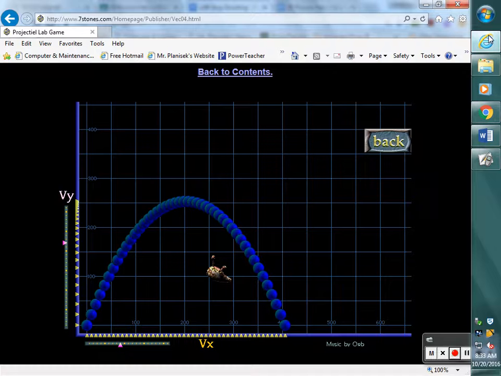When it reaches its highest point in that graph that we have up on the board, is the speed 0? Not. Because what is it always doing? Moving horizontally. So even though at the top of the motion its vertical velocity stops, it's still moving horizontally.